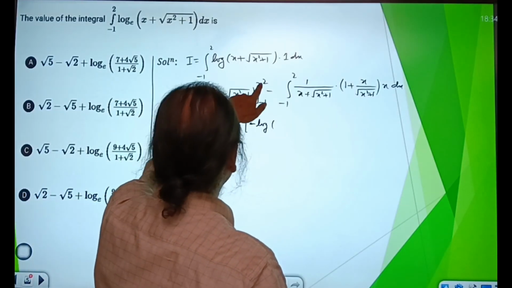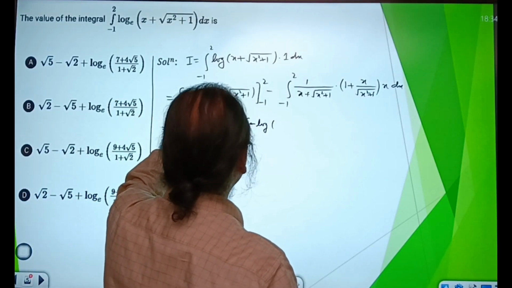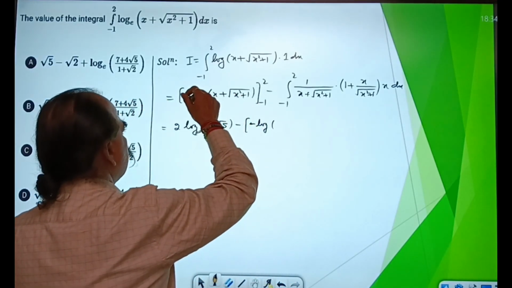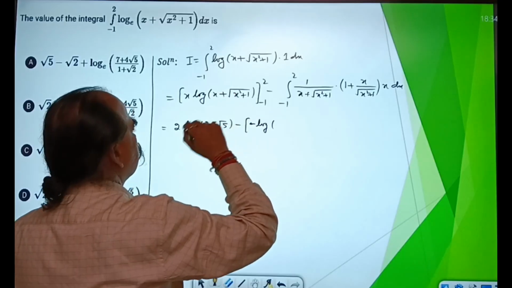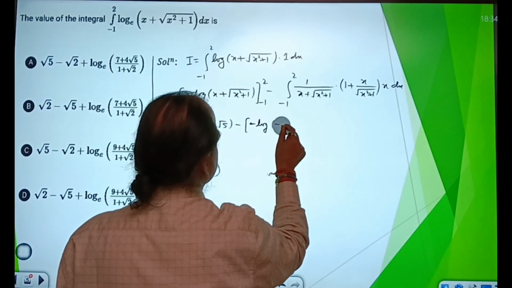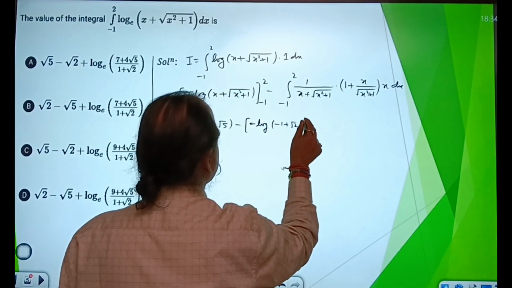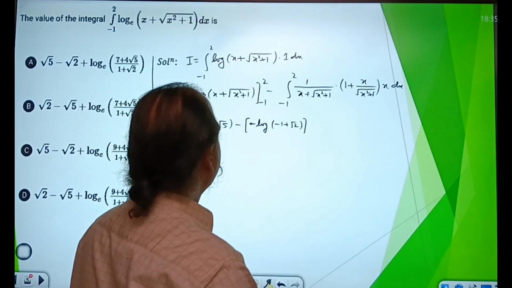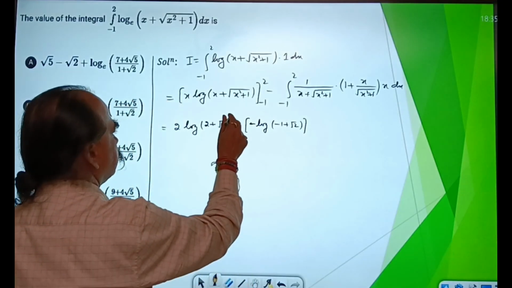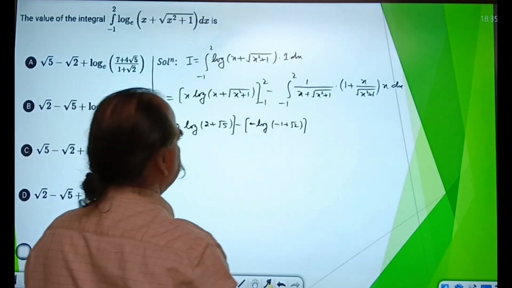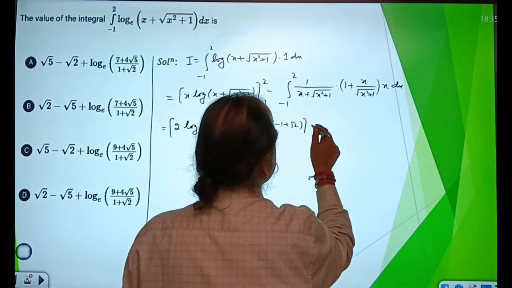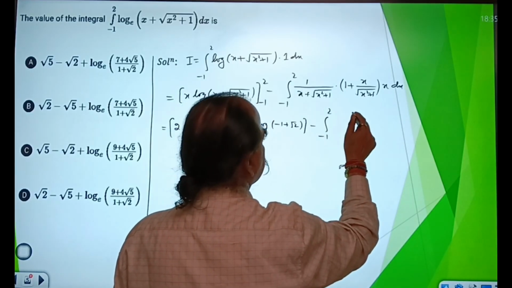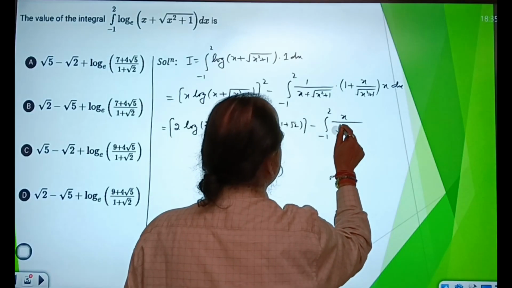So upper limit will give you log 2 plus root 5. Then subtract. Lower limit will give you minus 1 log minus 1 plus root 2. Minus, 1 to 2. Take LCM, will get cancelled. So x upon root x square plus 1.